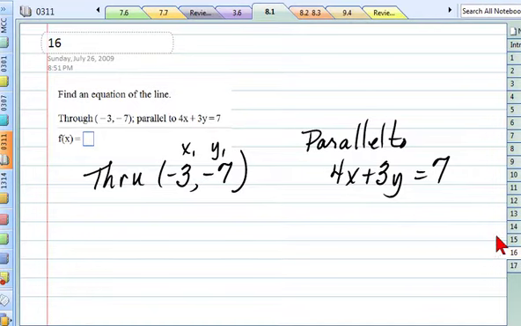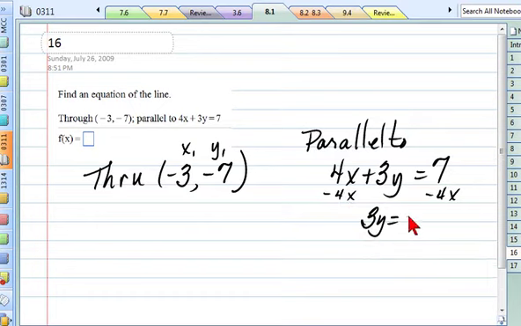What do you know about parallel lines? Same slope. So if I know the slope of this one, I know it's the slope of my line. Do you see, the way it's written right now, do you see the slope of this line? No, because it's not in y equals format. So I will subtract 4x. So 3y is equal to -4x + 7.